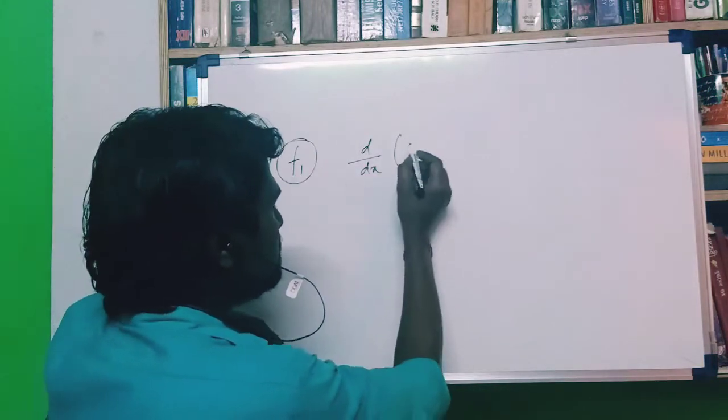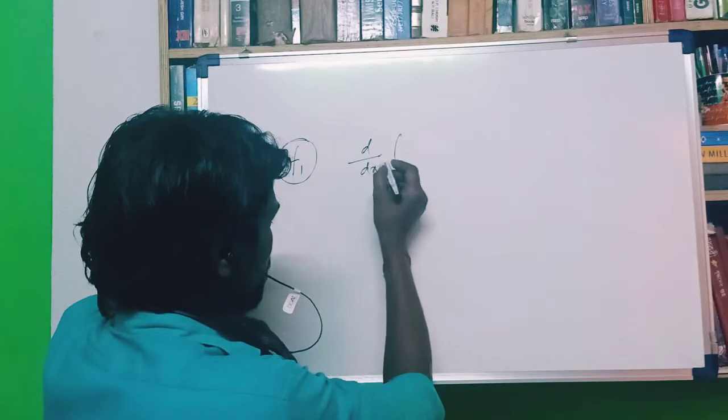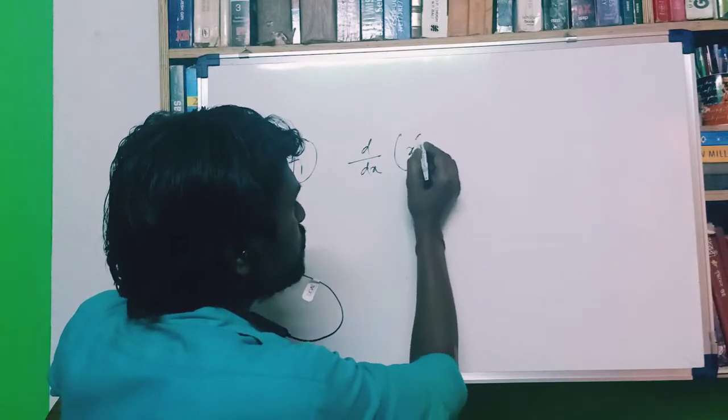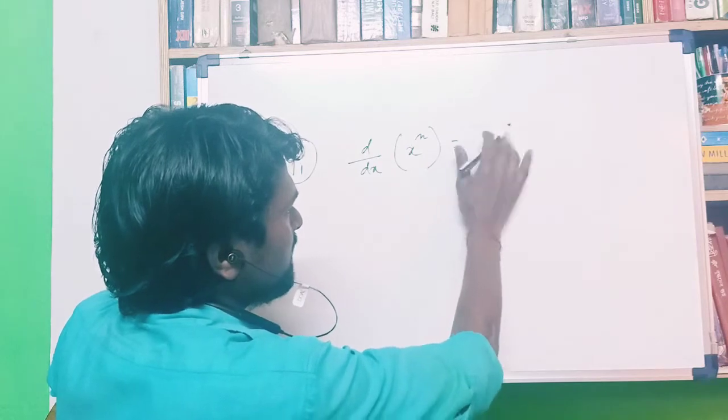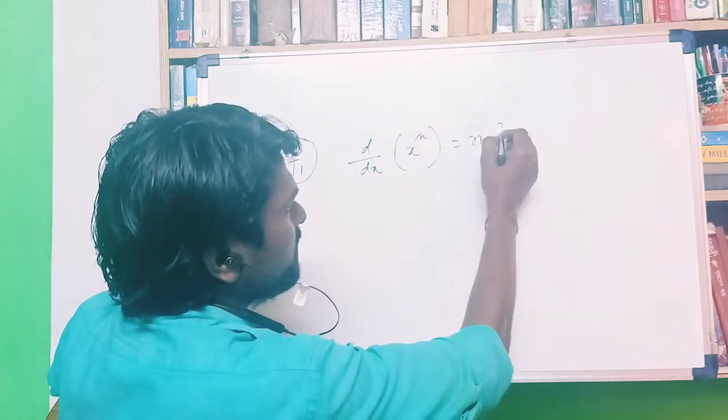Suppose formula number 1. You have to write formula number 1: d/dx of x to the power of n is equal to n x to the power of n minus 1.